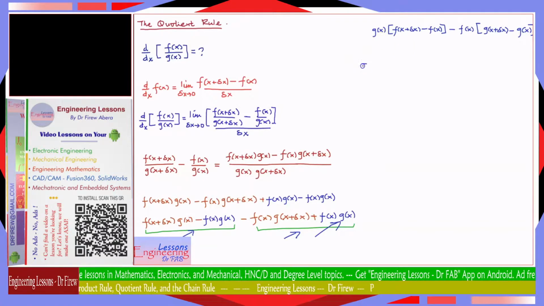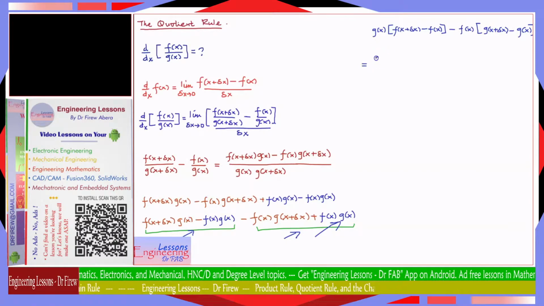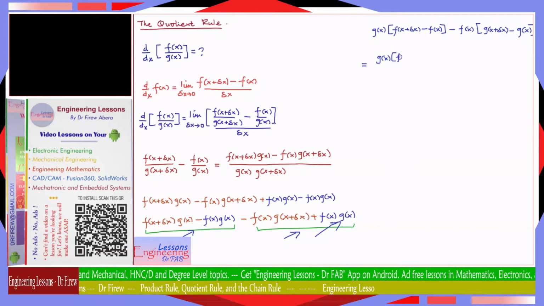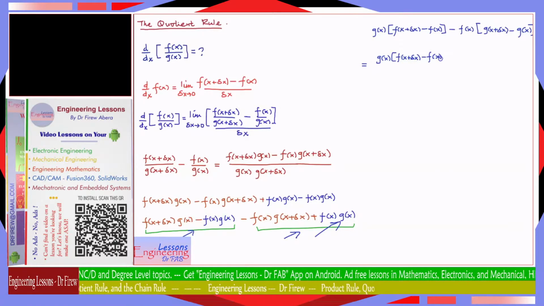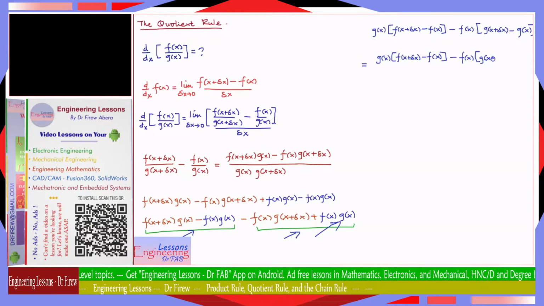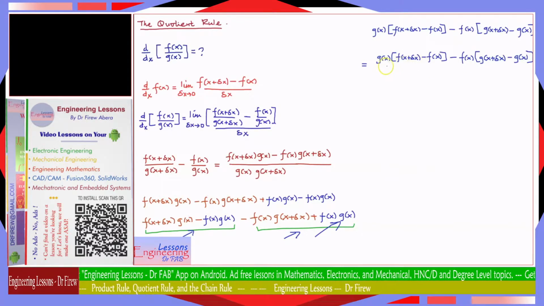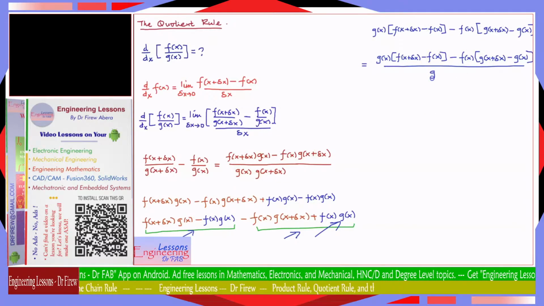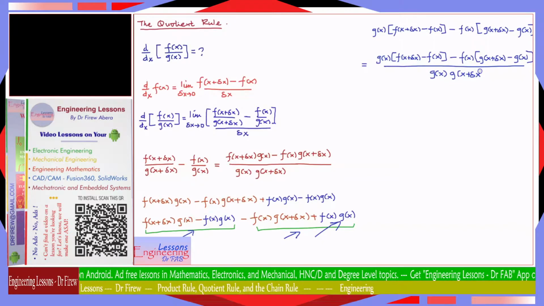You'll have g of x times f of x plus delta x minus f of x, minus f of x times g of x plus delta x minus g of x, the whole over this expression, which is g of x times g of x plus delta x.